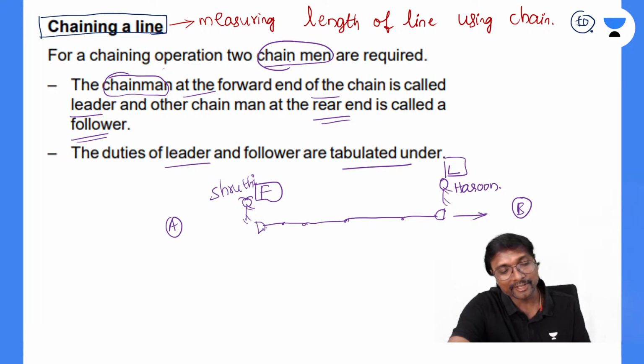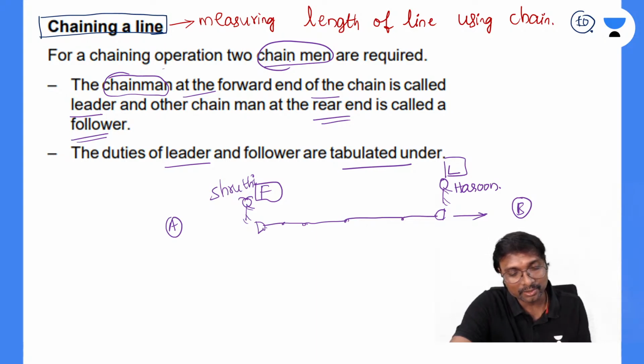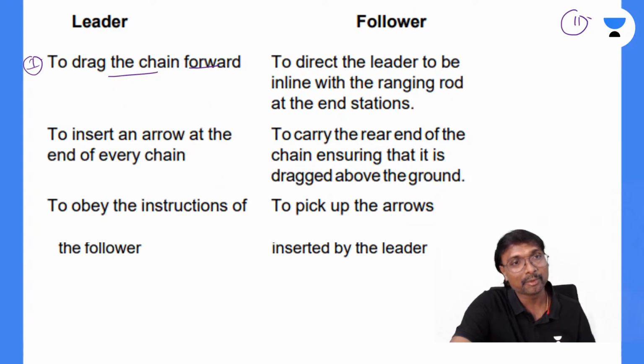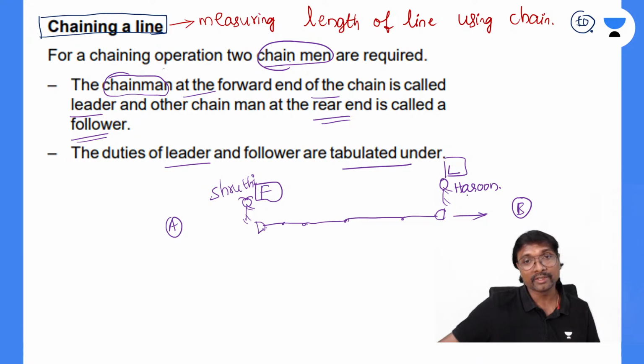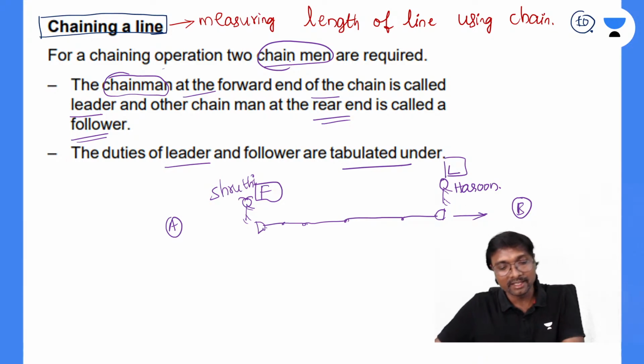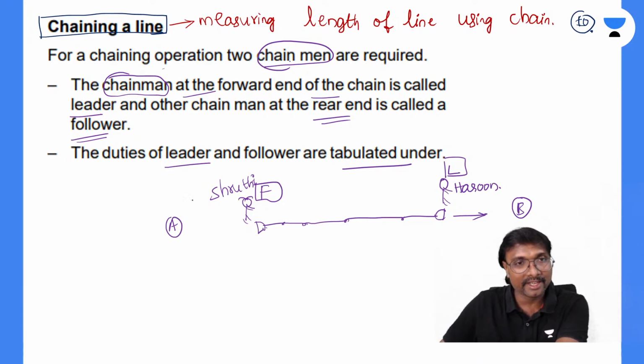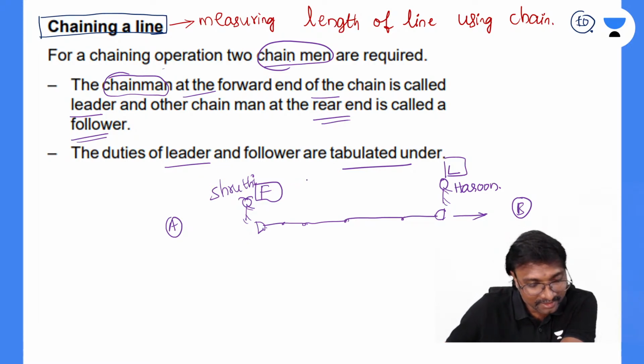I am going for a job and I am fully tired. You just help me with this." So the sister says that and the brother follows. Who will be dragging the chain forward? Harun, the leader, while the follower stays at the back.